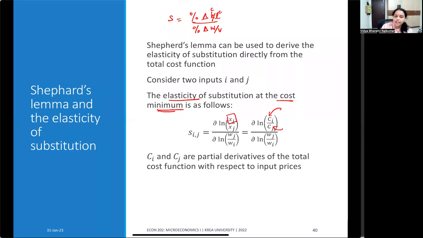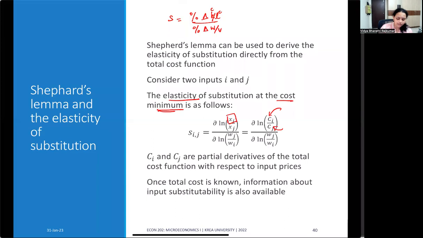Cj is just going to be the derivative of the cost function with respect to the price of input j. So this is an even more convenient form because it's easier to get our hands on the cost function, and from there we can directly figure out what K and L are, or whatever the inputs are. And then we also know what the prices will be. So using this, we can very conveniently talk about elasticity of substitution.